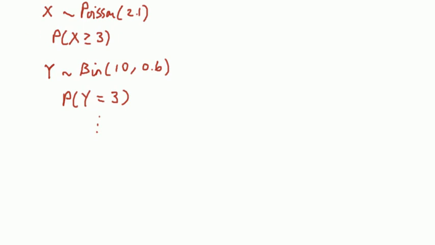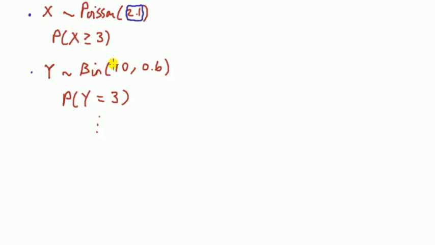Okay, now in each of these cases we have a model, a probability model. A model consists of the data and also a parameter. So in the Poisson the parameter is lambda, here it's 2.1.